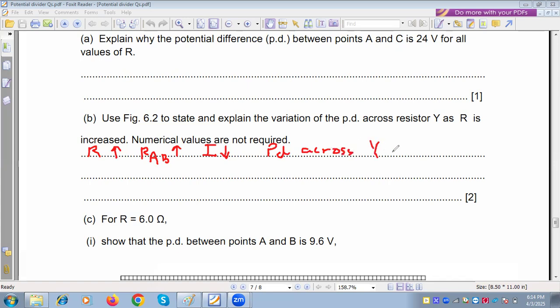The PD across Y is V equals I into R, I into 6. I is to be calculated for different values, so I'm not calculating. So 6 into I is decreasing, so V across Y will also decrease. Vy will decrease.